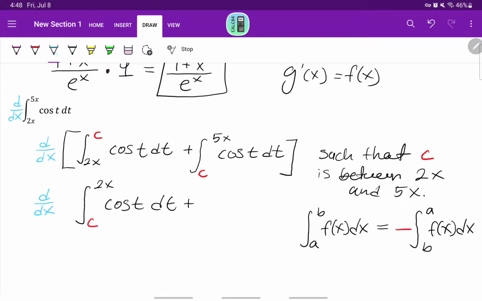I leave the second one the same. The derivative of the integral of cosine of t dt, limits going from c to 5x. But because I flipped the integral for the first one, we must make that negative.